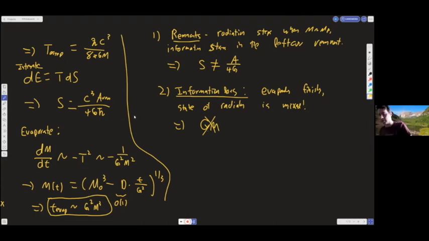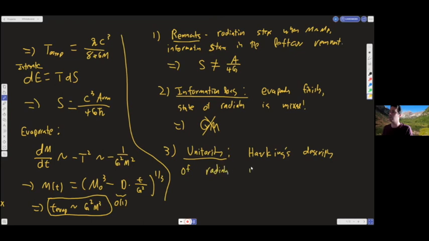And then finally, there's the option which most people like these days, which is unitarity. So for unitarity, we say that Hawking's description of the radiation is coarse-grained, and that actually psi final equals some unitary times psi initial.